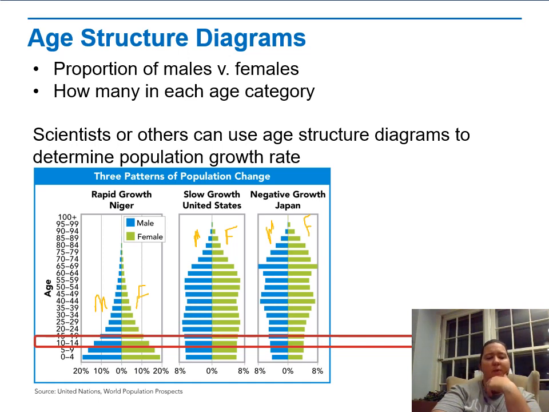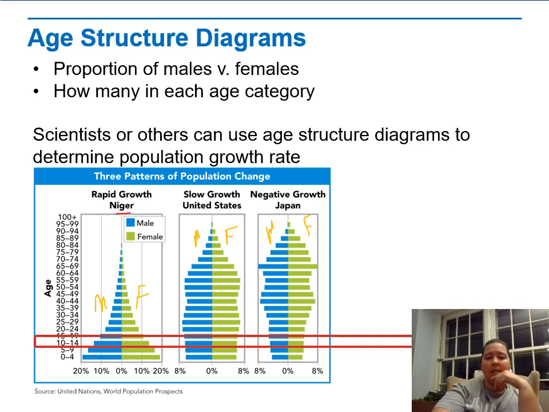So if you look at the first graph here, of Niger, you can see there are a lot more individuals at the bottom and fewer individuals at the top. So what does that mean? That means these individuals at the bottom are going to survive and reproduce, and this is going to result in growth in the population, potentially pretty rapidly, as these 10 to 14-year-olds come of age.